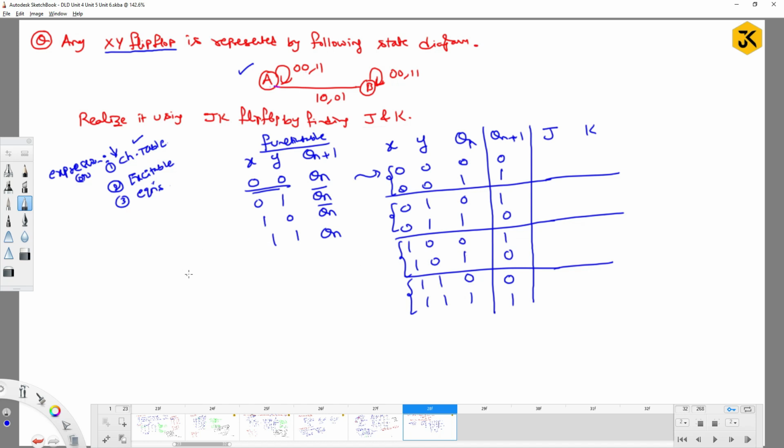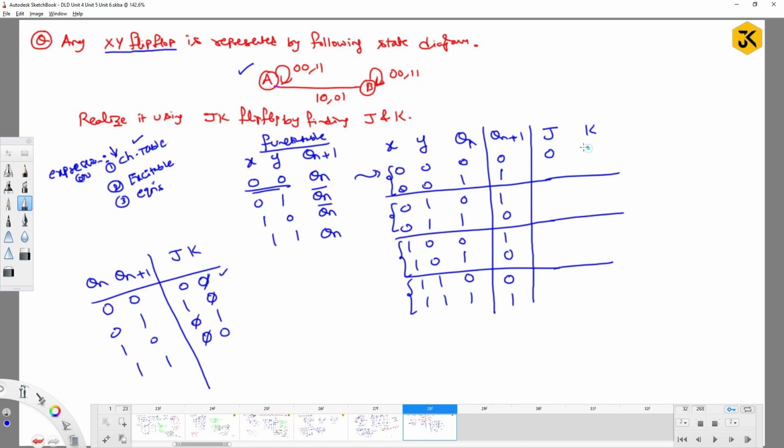You can go to the earlier video to get the idea of how the JK flip-flop excitation table looks. For Qn to Qn plus 1 transitions, the JK values are 0 X, 1 X, X 1 and X 0, so for 0 0 you get 0 X, for 0 1 you get 1 X, for 1 0 you get X 1, and for 1 1 you get X 0.